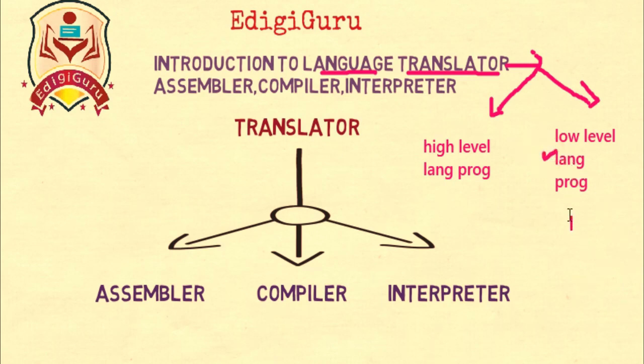Low-level language is also called assembly language. So language translators are used for converting the high-level language program or low-level language program.